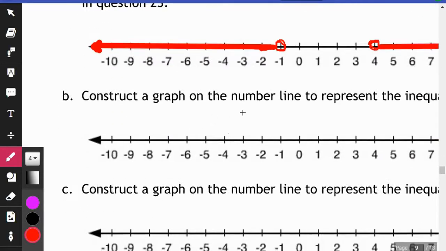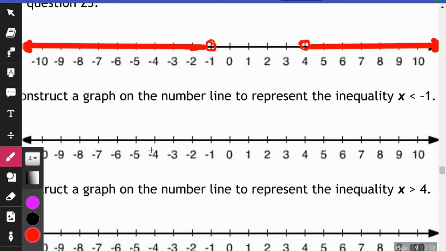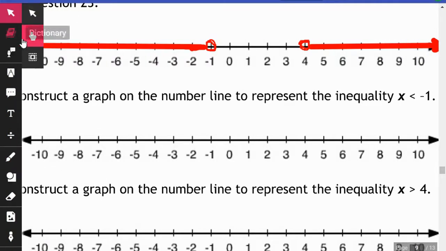Okay, and let's see. Now we're going to just make -1. That's going to be this chunk. I'll be able to even do this.